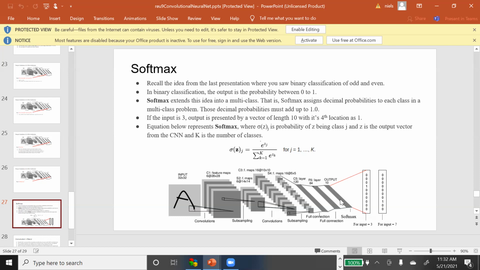We got 10 numbers. Now we call that number Z sub whatever position it is. So if it's in the first position, then it's Z0. If second position, it's Z1. Third position, Z2, and so on, okay? Now we take those numbers and we put them into this formula here.